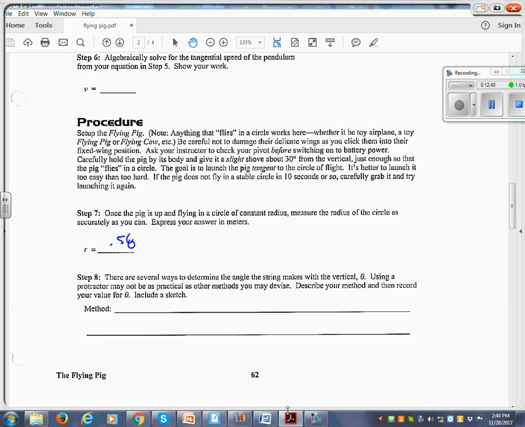I've measured the radius to be 0.58, and I've measured the string to be 0.8. That's supposed to be a right triangle. So the hypotenuse is 0.8, that's the string length, and the radius of the circle is 0.58.